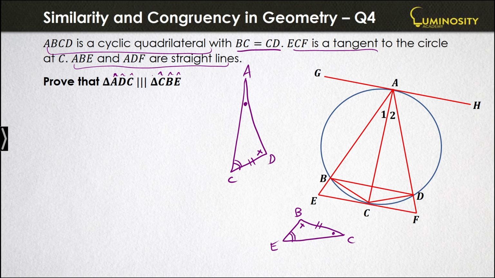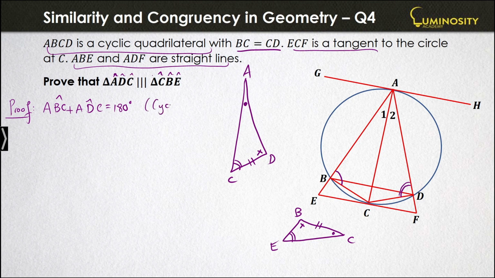So the first thing I'm going to note is that, here's my proof, angle ABC plus angle ADC is 180 degrees. So where do I get that from? Angle ABC is this one here in the diagram, and angle ADC is this one here in the diagram.